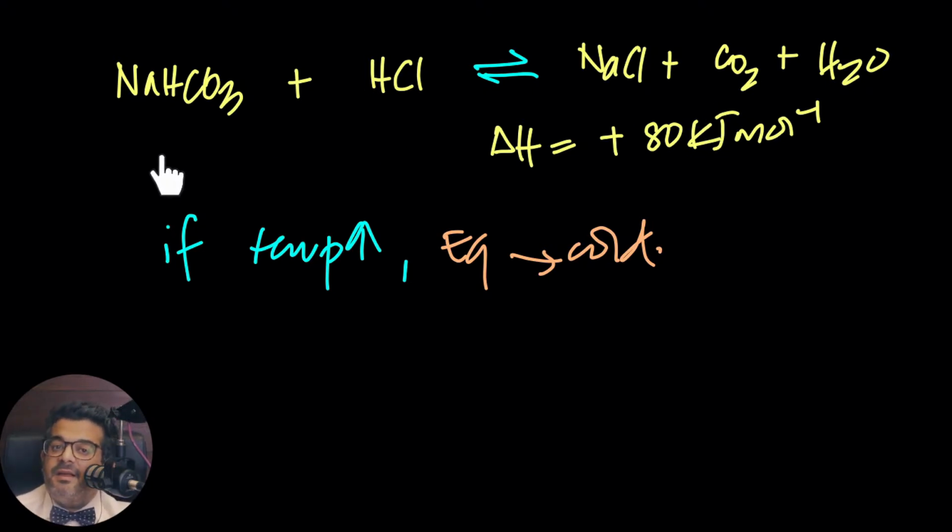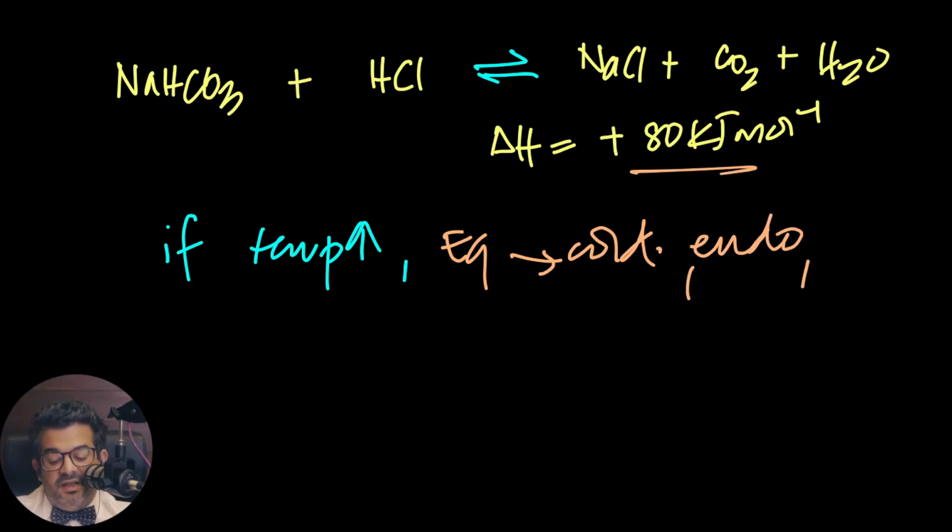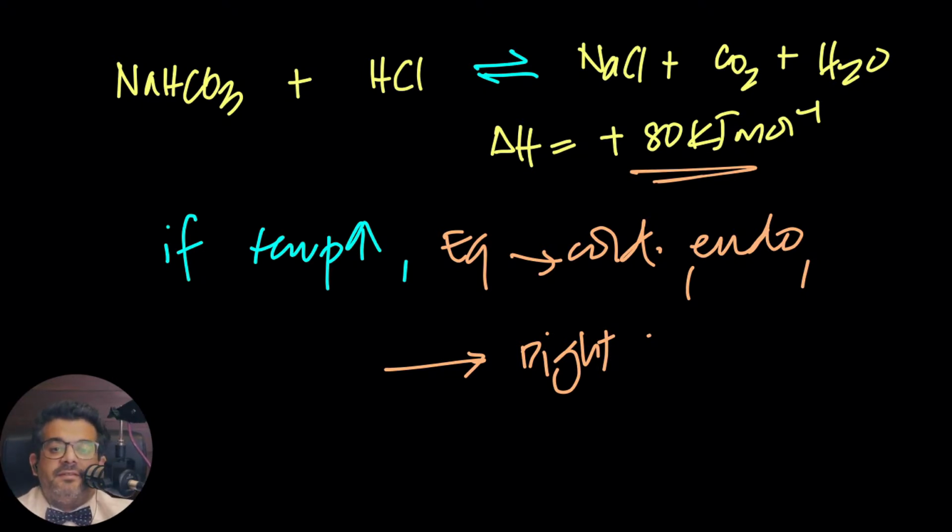If the forward is endo, the backward is exo. So if temperature is increased, we want to make it cold. Cold means endo. So where is endo? Forward. So this shifts right. If I had decreased the temperature, the system will want to increase temperature by favoring the exothermic side. In that case, this would have shifted to the left. All right?